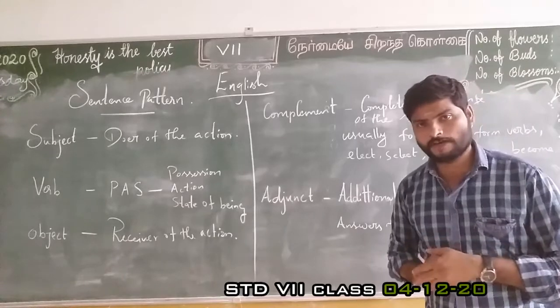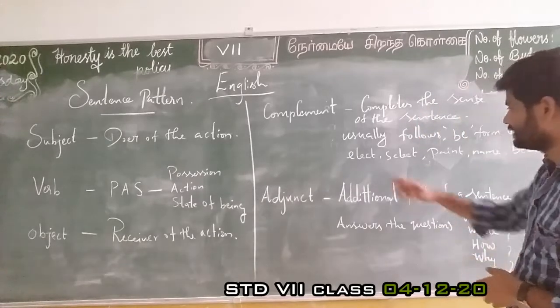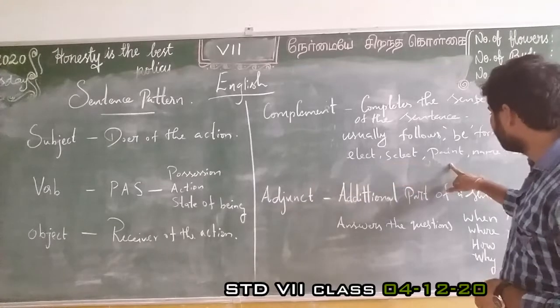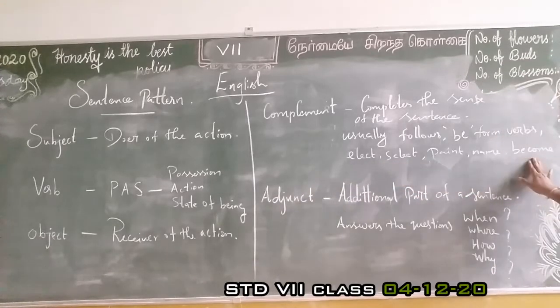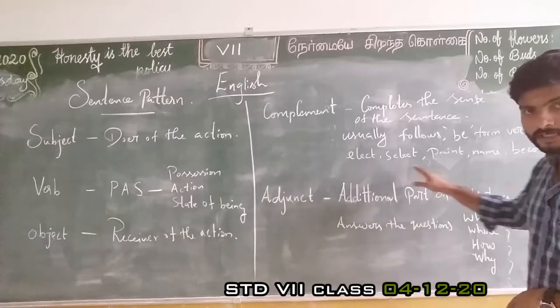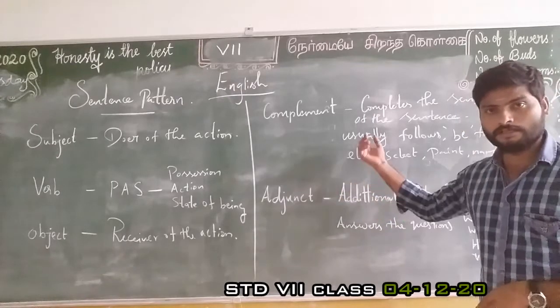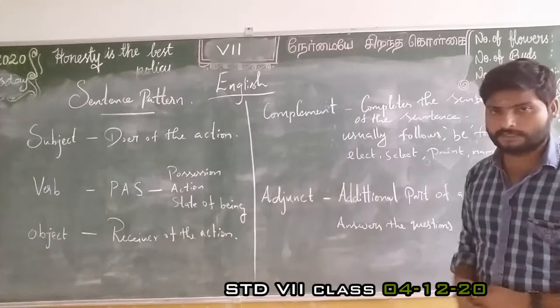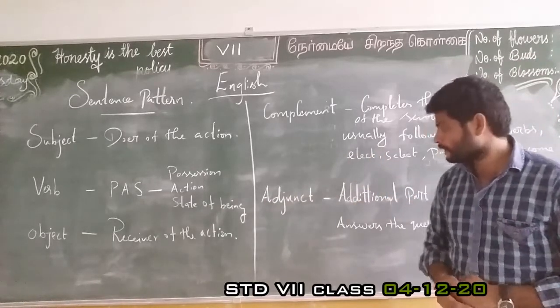These 5 be form verbs. Next, the verbs like elect, select, paint, name and become. The complement part will follow these words.